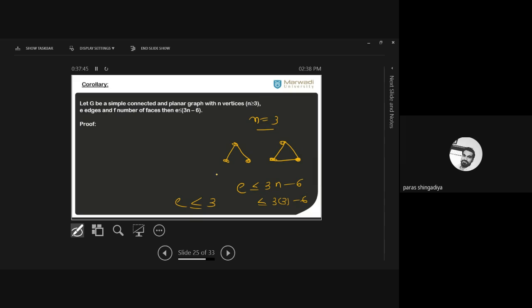So the number of edges should be less than or equal to 3. We cannot take 4 edges to make a planar graph using 3 vertices. We can take up to 3. Means आप 2 लग सकते हो या 3 लग सकते हो.